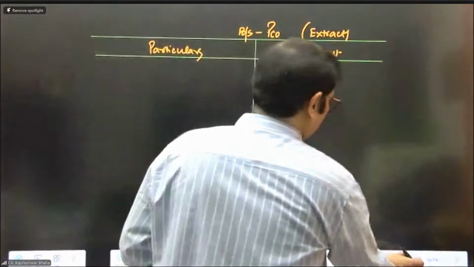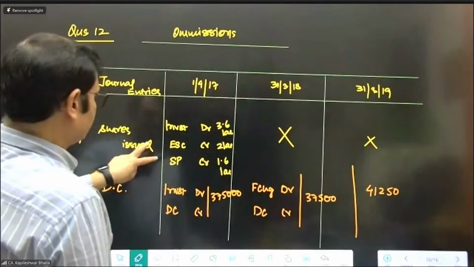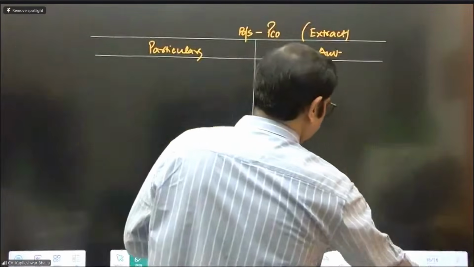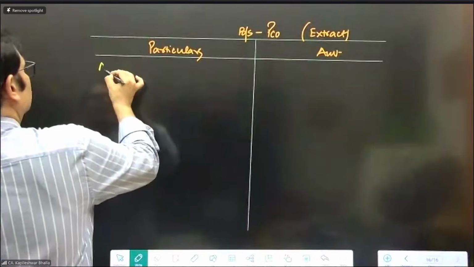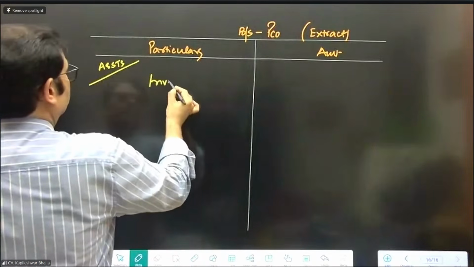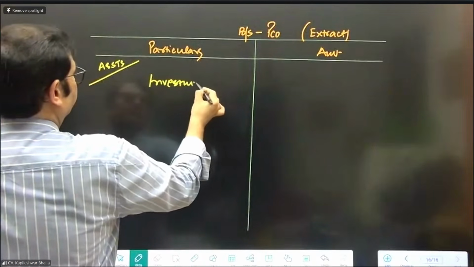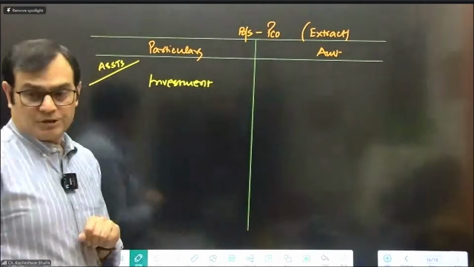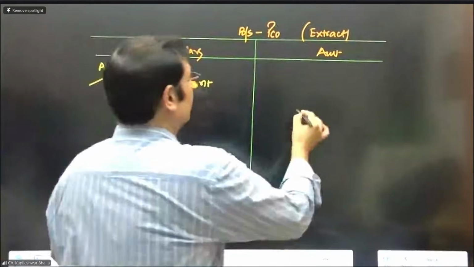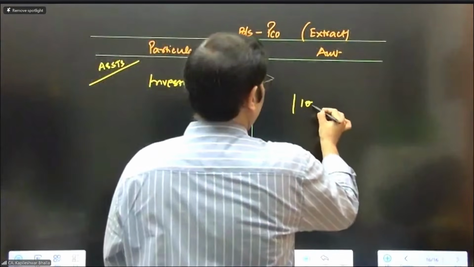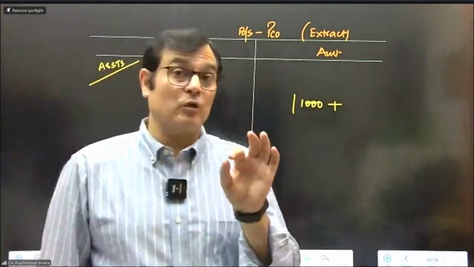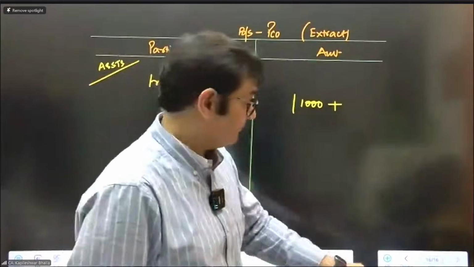So if we just take a quick look at the entries, on the asset side, the investment is the only figure which is changing. So on the asset side, we're just making the changes in the investment figure. If you look at the investment in the balance sheet, it's appearing at 1,000. The balance sheet is all in terms of 1,000.